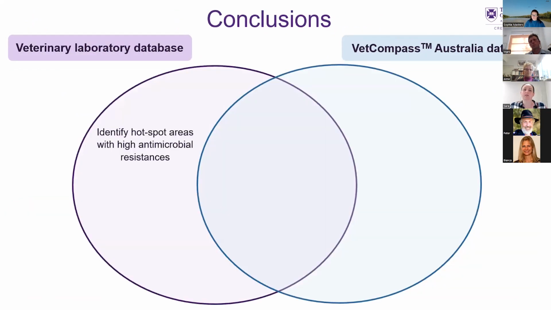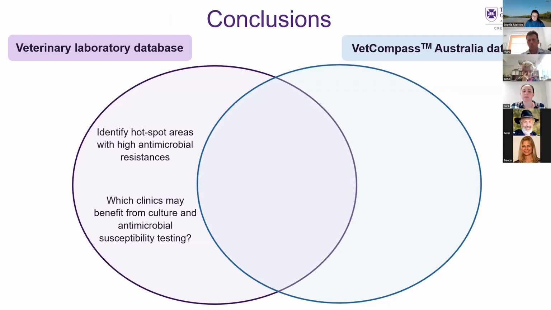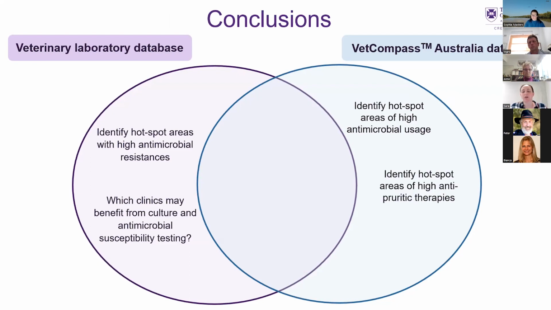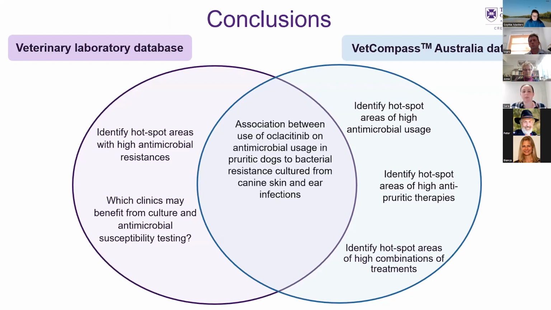And then lastly, just to conclude, for the veterinary laboratory database, we'll identify hotspot areas of high antimicrobial resistances, and also which veterinary clinics may actually benefit from performing routine culture and antimicrobial susceptibility testing. The VetCompass Australia database will identify hotspots of high antimicrobial usage, anti-pruritic therapies, and then are there any high usage of different combinations of treatments?